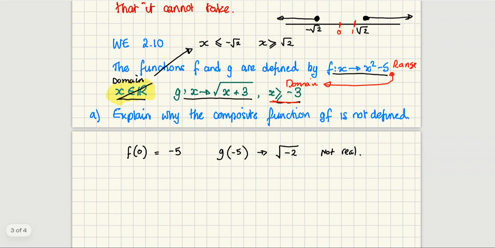If I were to pick a value of 5, that would be fine, yeah? And let's just show that that works. If I did f of 5, I get the answer 25 minus 5, which is 20. Then I do g of 20, I get the square root of 23, which is fine.